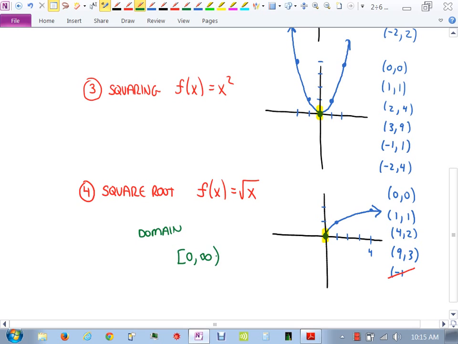All right, next, there's 2 more. It's the cubing function and then the cube root. Those are the last 2. So the fourth one, the cubing, fifth one, yeah, sorry. Cubing, it's f of x equals x cubed.